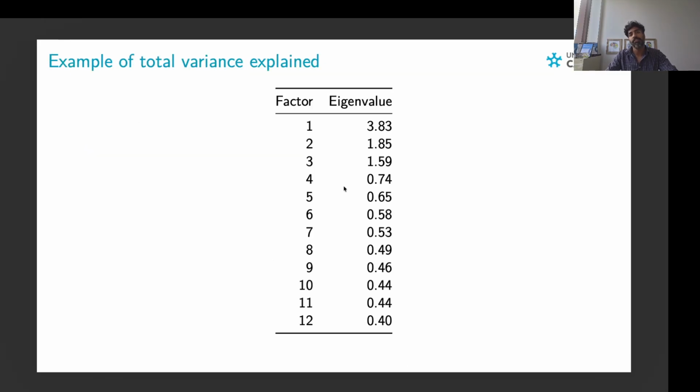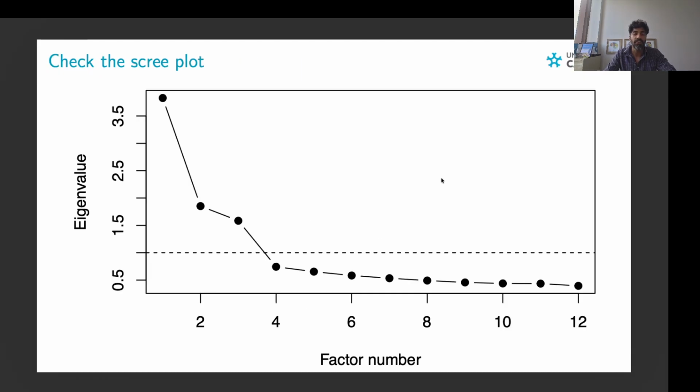So again, our job here is to look, well, how many factors do we have? Now, of course, Kaiser's criterion says if it's greater than 1, it'll be stable in the factor structure, but maybe there's more than 3 factors. Maybe there's 4, 5, 6. I don't really know just looking at this table. The diagnostic tool to look at is what's called a scree plot.